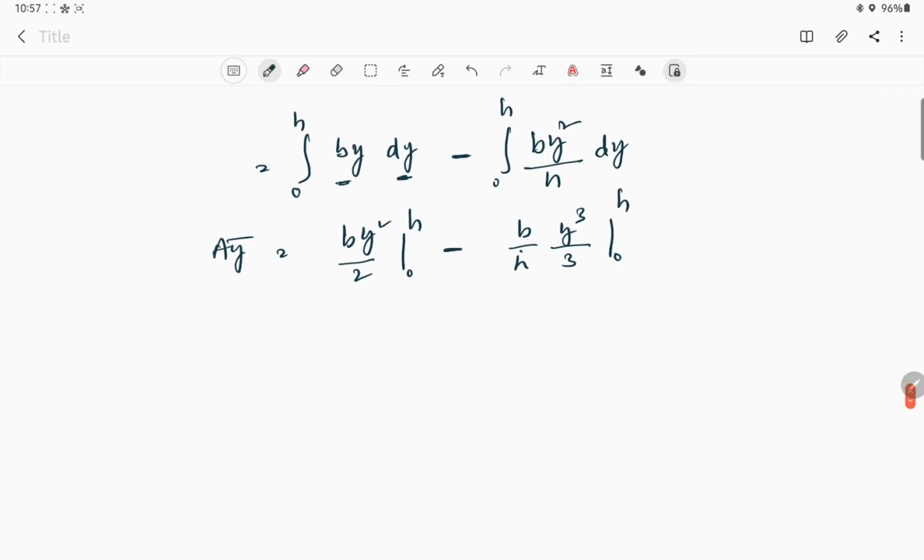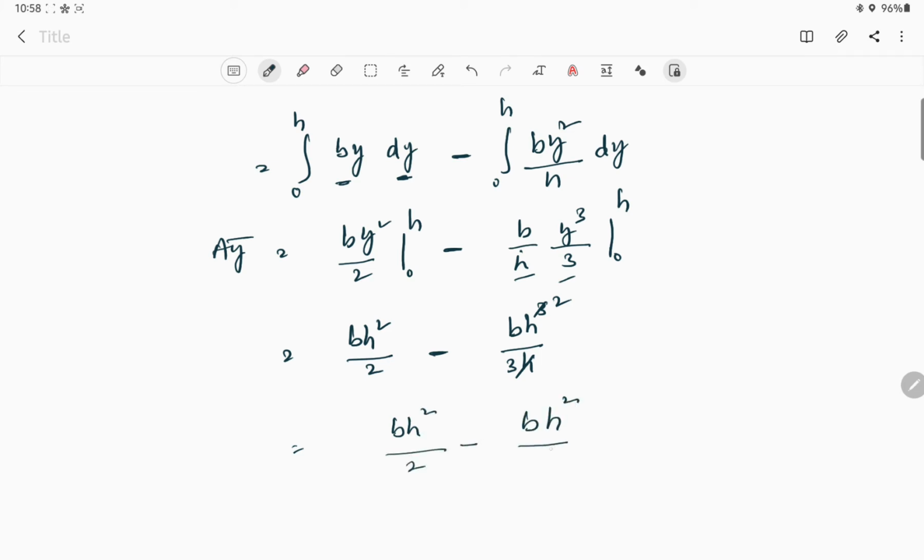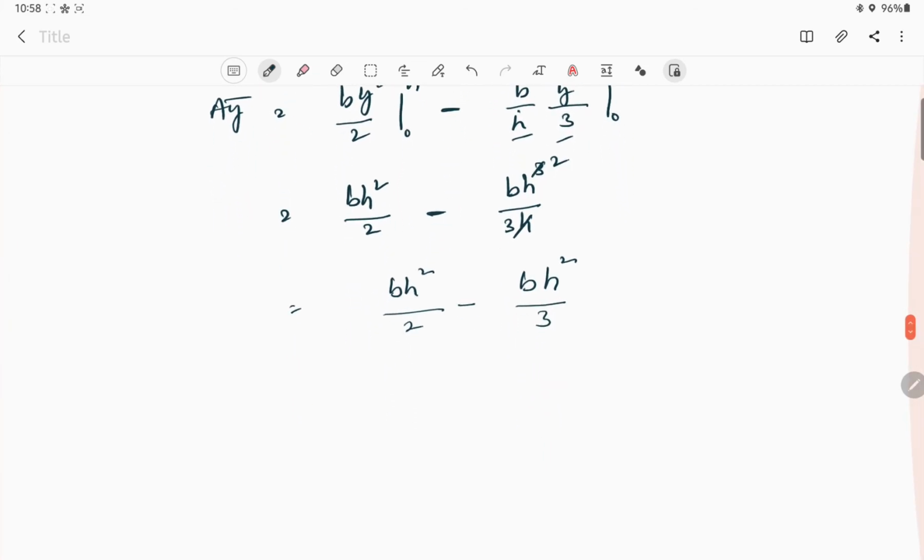Alright, so what will happen here? b h square by 2 minus b h cube by 3h. So this h and this h will get cancelled. So what will be coming is b h square by 2 minus b h square by 3. Okay, so this is A y bar.